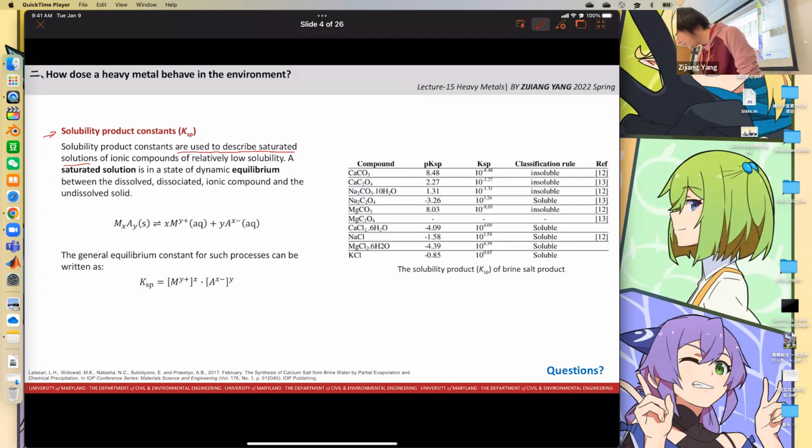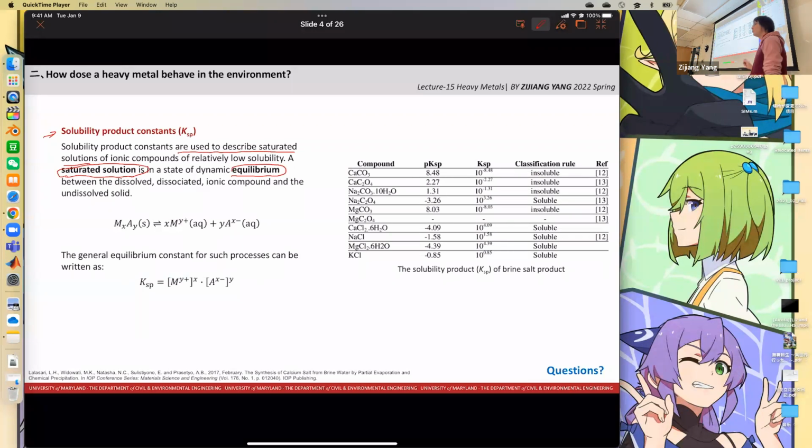And a saturated solution is in a state of dynamic equilibrium between the dissolved, dissociated ionic compounds and the undissolved solids. And the keywords are saturated solution and equilibrium.